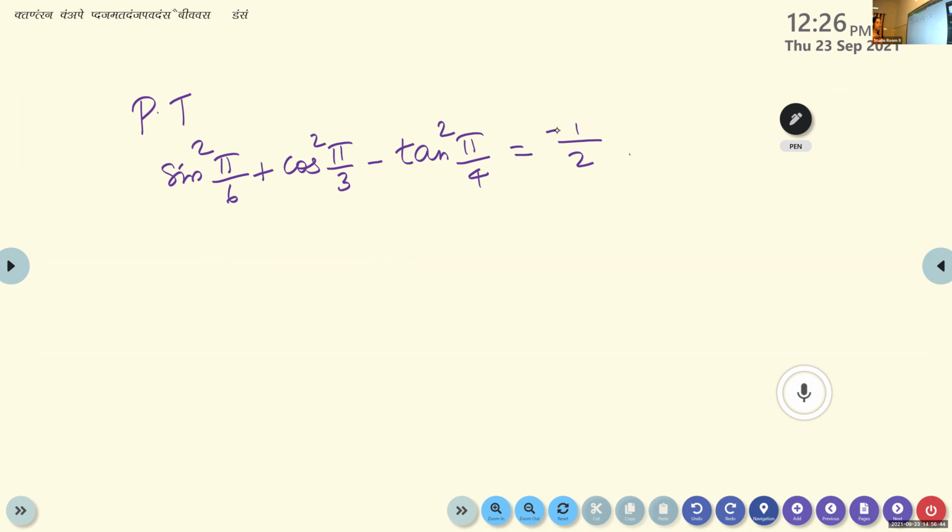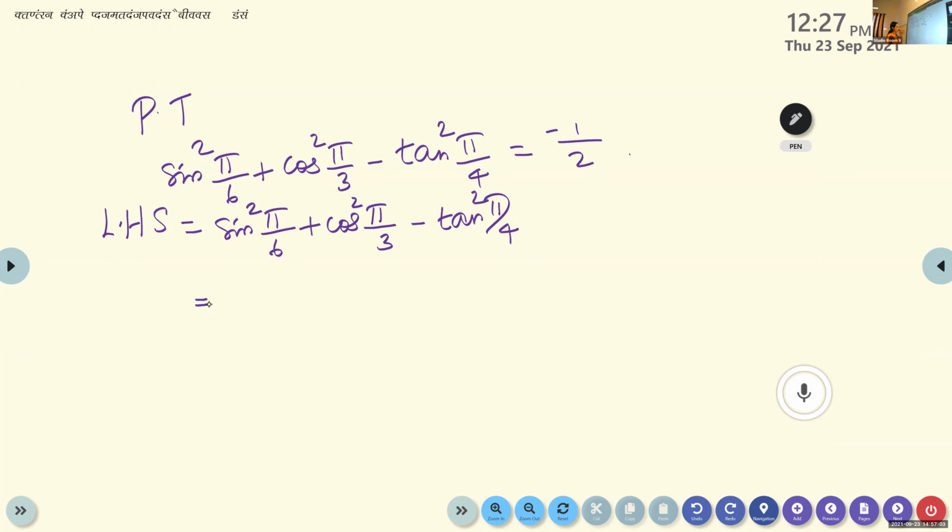Okay. For proving this question, we can start from LHS. What is in LHS? Sine square pi by 6 plus cos square pi by 3 minus tan square pi by 4. Pi by 4 means 45. What is sine pi by 6? 180 by 6 means 30, sine 30. What is the value of sine 30, Vinayak? 1 by 2.